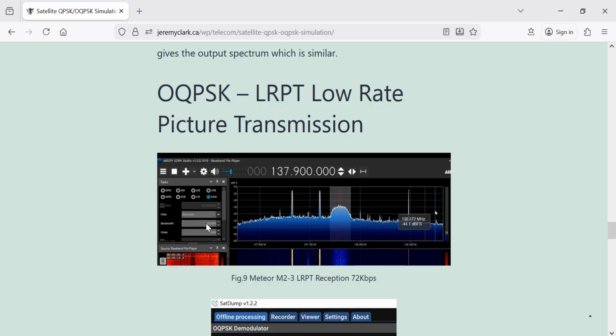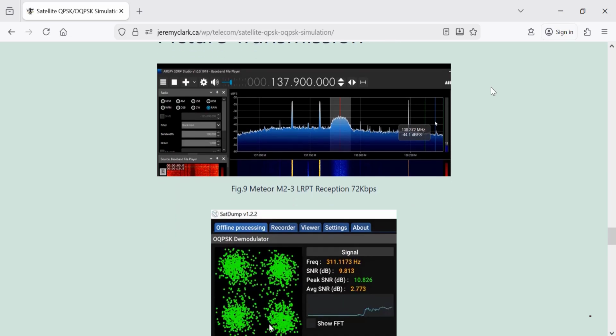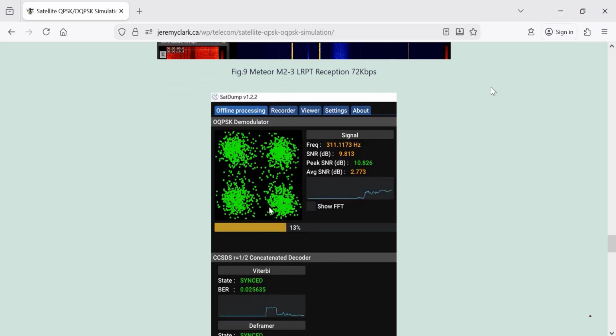This is a 100 kilohertz window here on the SDR sharp, and you can see that this fits in here. So the spectrum looks like it's around 72 kilohertz wide, plus or minus some filtering. Maybe it uses a raised cosine filtering, extending that a little bit, but you can see that that's basically what we've been looking at. And when you decode the METEOR signal in SatDump, this is what you get.